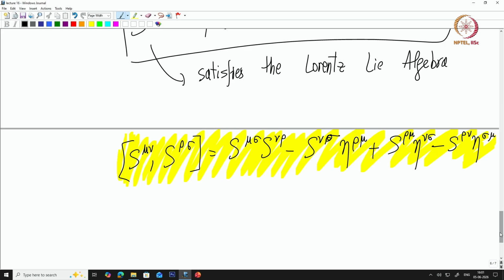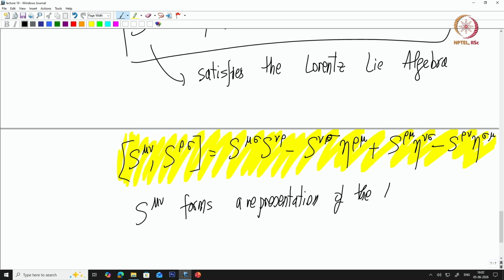So what we call it is that S forms a representation of the Lorentz Lie algebra.